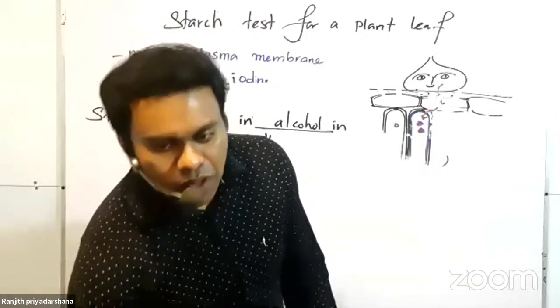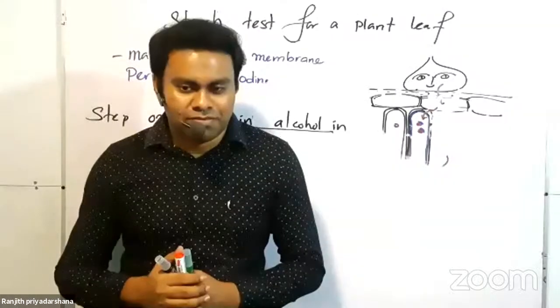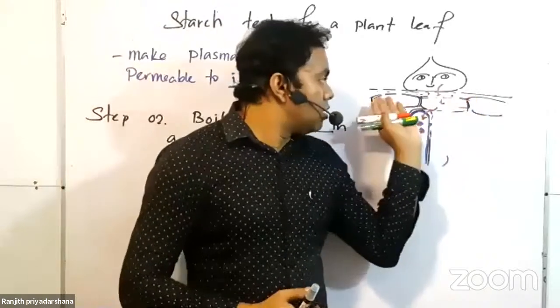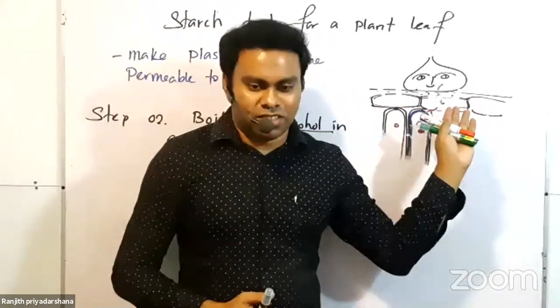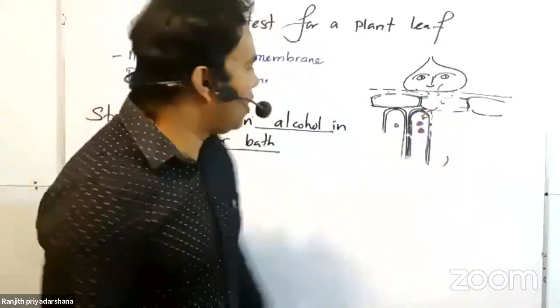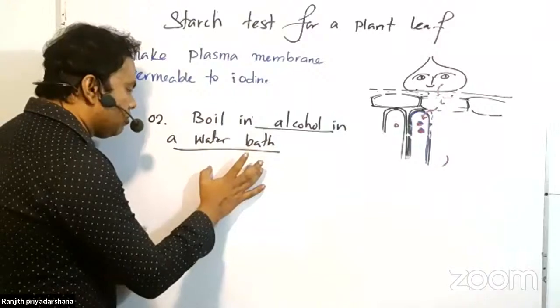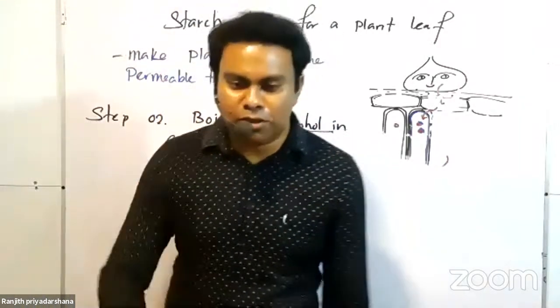George, why do you boil it in alcohol? To remove the waxy-cuticle layer. No. Waxy-cuticle layer exists in the epidermis. Okay? That's not. Why do we boil it in alcohol in a water bath? 2 reasons we have to tell.